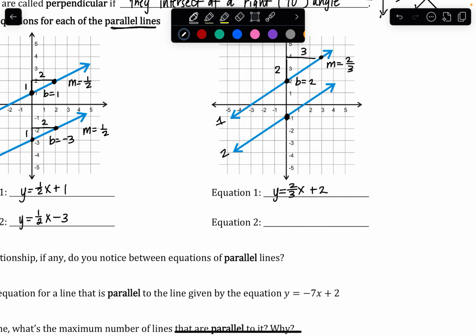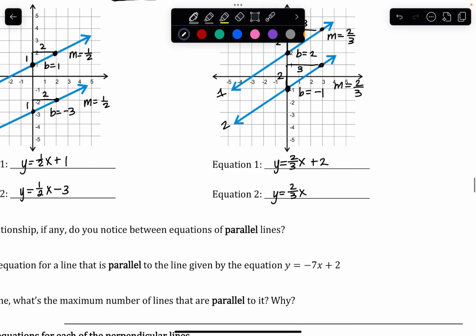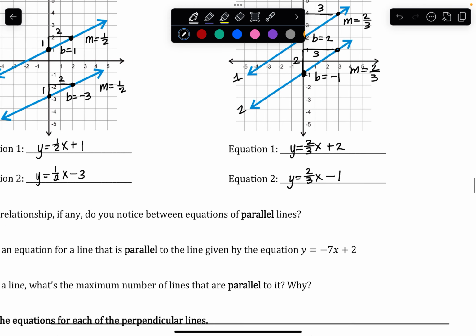For equation 2, the y-intercept is -1. To find the rise, it's rising 2, running 3, and so the slope is also 2/3. So y equals 2/3 x minus 1.